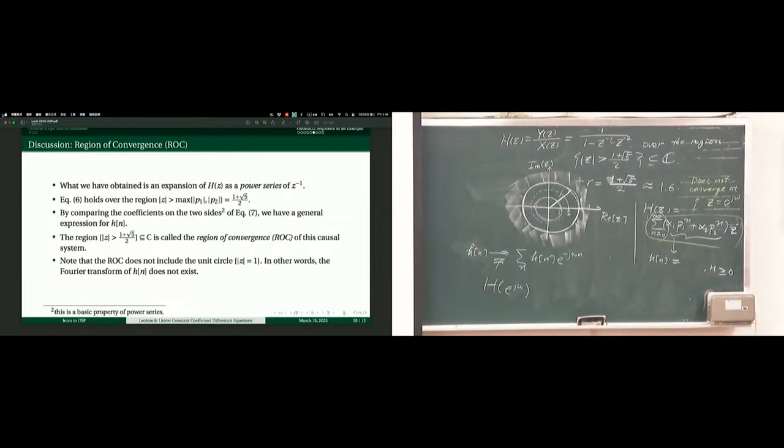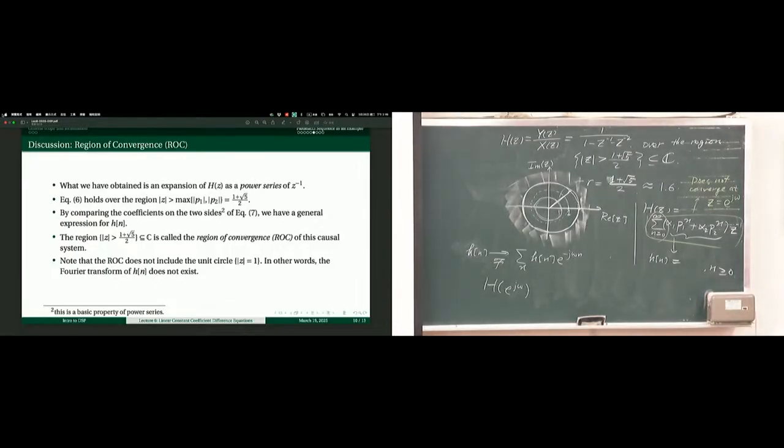So do you want to hear an even more tricky thing? It could be pretty misleading. This is important. The Fourier transform of the Fibonacci sequence really doesn't exist, but some people may argue, take a look. This is H(z).